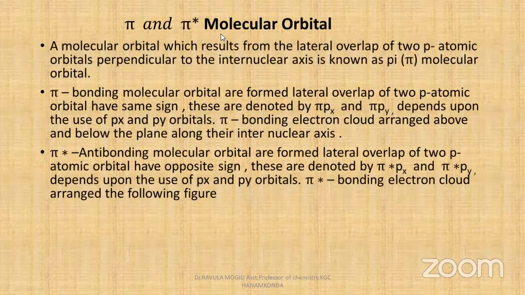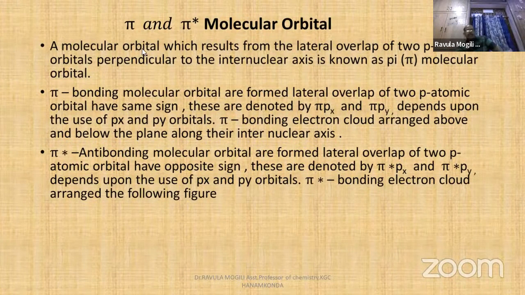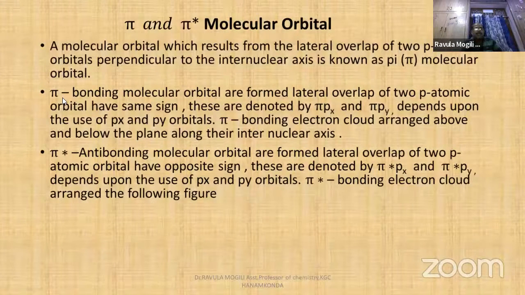Here, pi bonding and pi star molecular orbitals. A molecular orbital which results from the lateral overlap of two atomic orbitals perpendicular to the internuclear axis is known as a pi molecular orbital.